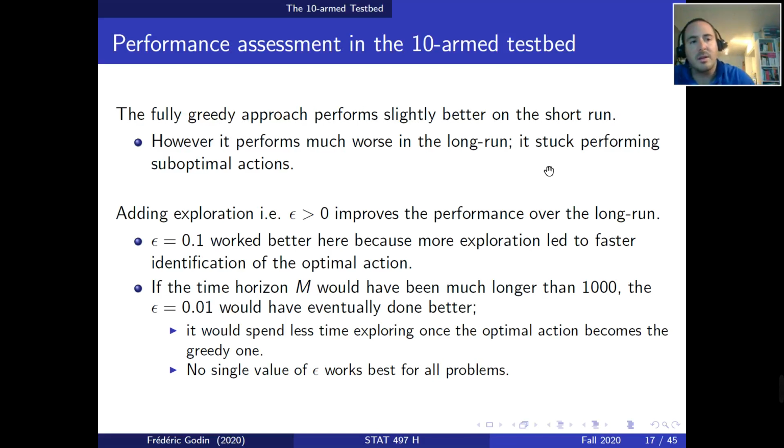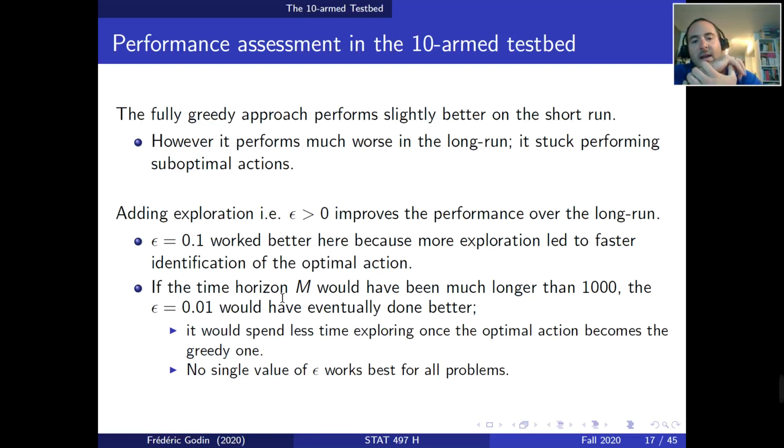Okay, so here this is a small recap of what we just showed. Having a higher epsilon, so epsilon 10% here, worked better because exploration led faster to identifying the optimal action, whereas lower exploration took more time to identify the best action.